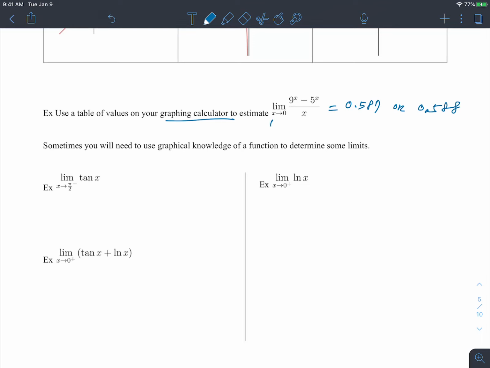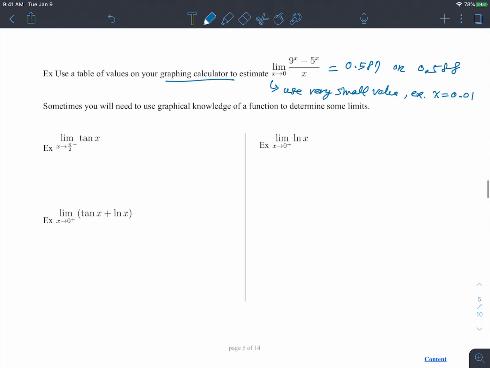So for the x in this case, use a very small value. For example, x could be 0.01 or even smaller than that. But beyond that, I don't think it makes much of a difference. Okay. Now we have the next three examples.